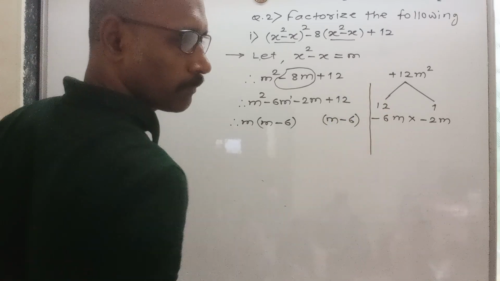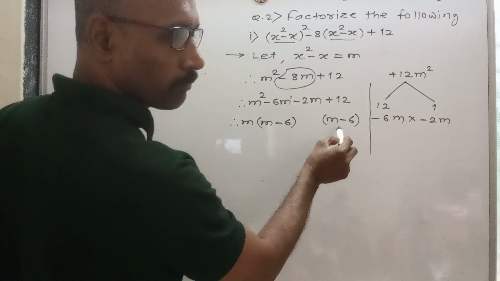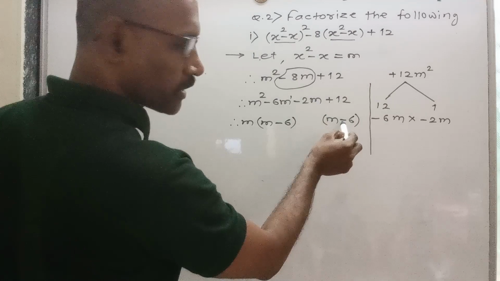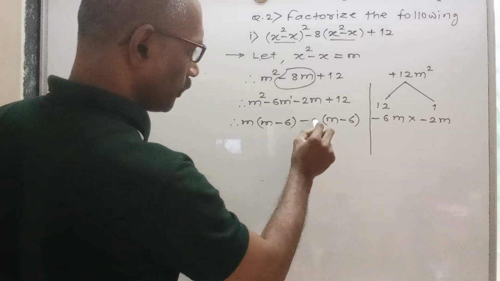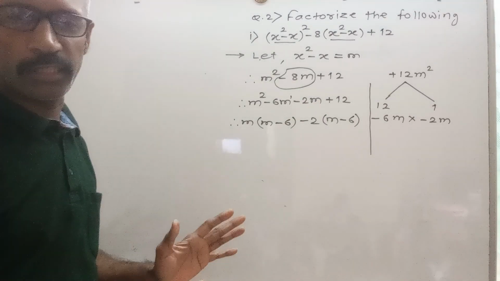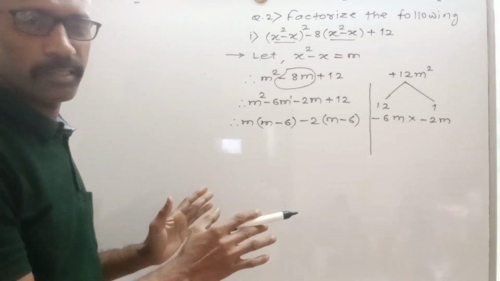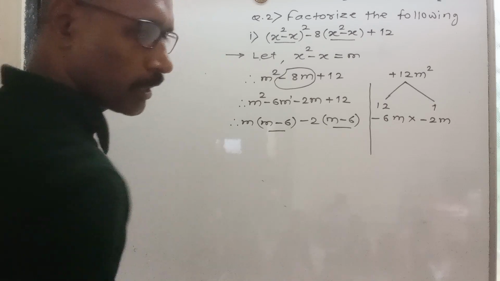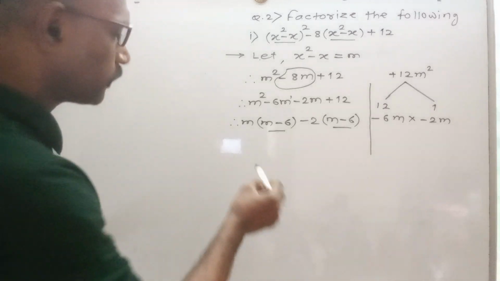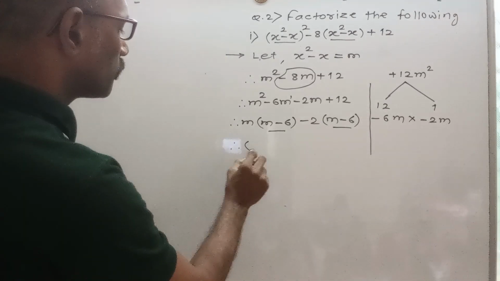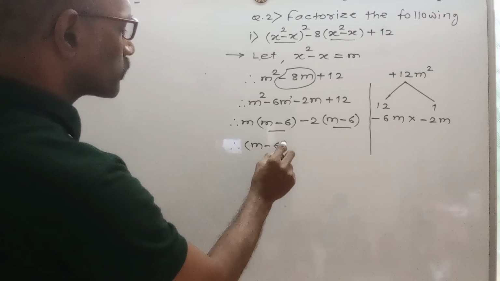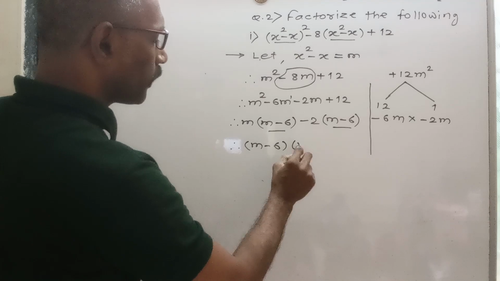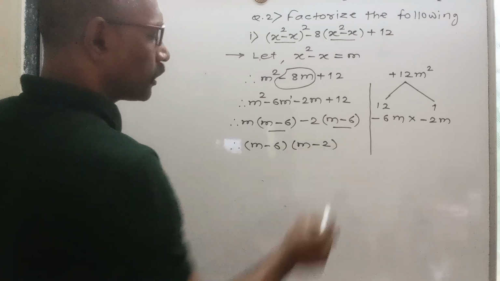Did you understand? Now see, this is m, but here minus 2m. Out of this, m is taken outside. Then what is left? Very simple method. Use these tricks every time. Now here the bracket is the same, so we again take m minus 6 common. When we take common, then what is left? m minus 2, right here.